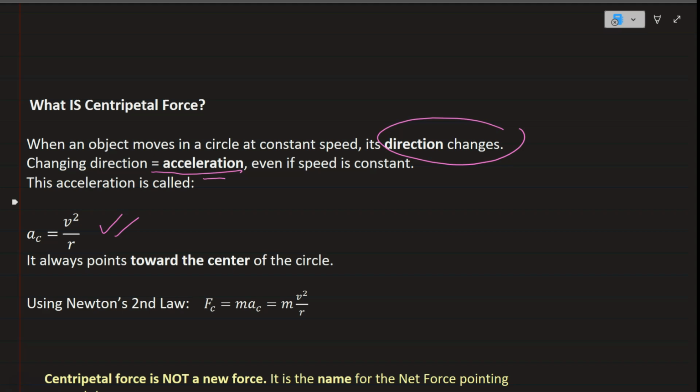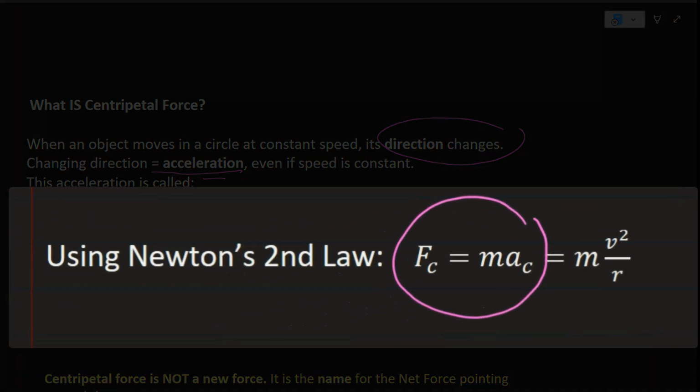v is the speed or the velocity, and r is the radius, because it is the circular motion that an object is moving, the path that is circular. And it always points towards the center of the circle. That's another part that you have to remember. And based on Newton's second law, remember F equals ma. Now we're looking at the centripetal force.